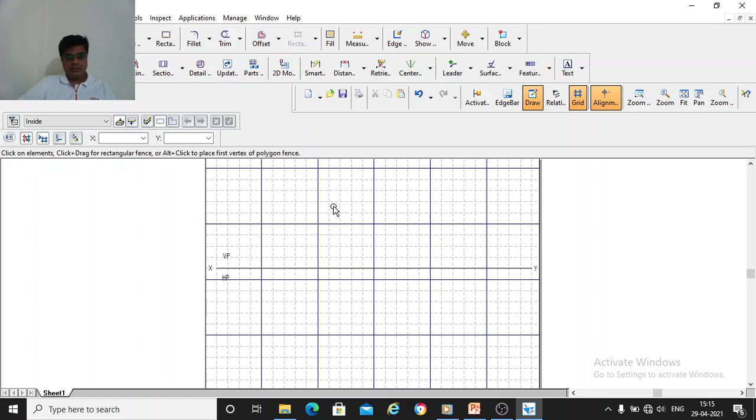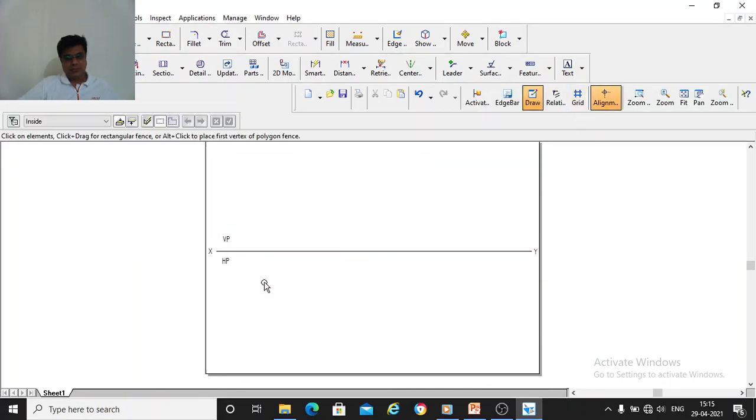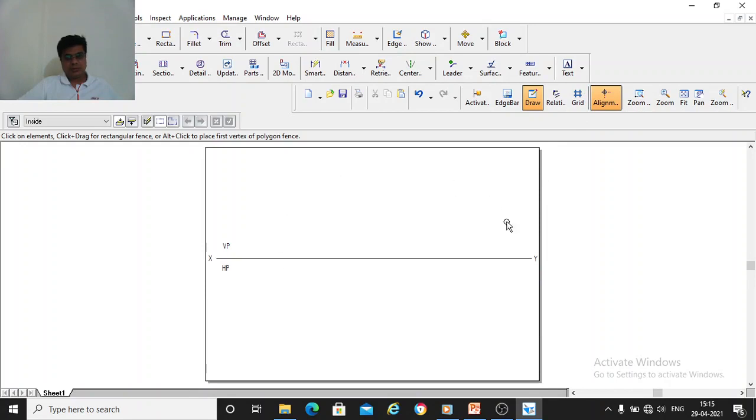Anyway, I will remove these grid lines for the time being so that we can understand clearly. So this is your A4 drawing sheet, kept in landscape direction, horizontally. For all the problems, take the drawing sheet like this horizontally, draw the XY line, and name the vertical plane and horizontal plane here.